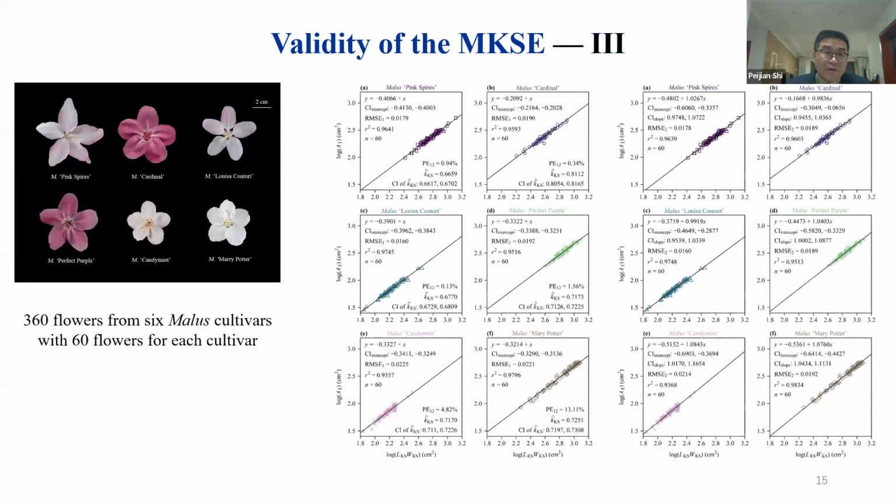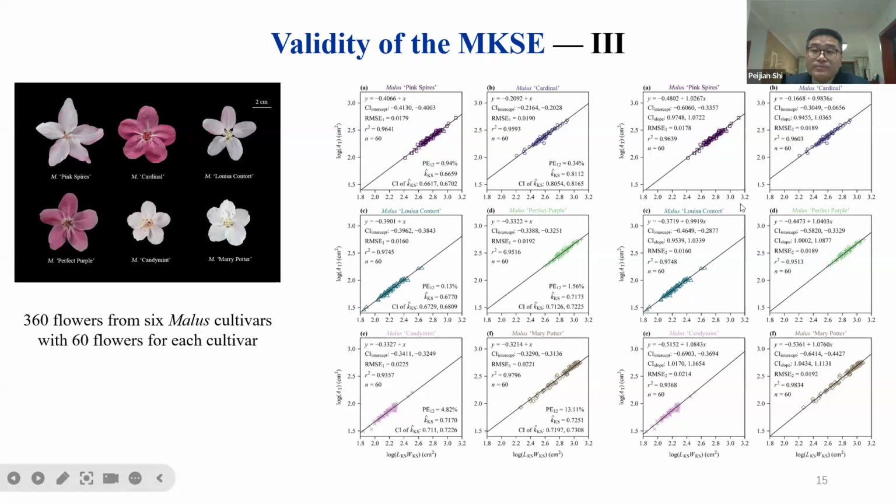However, when we sampled some crab apple cultivars, just like before, we calculated the total petal area, meaning corolla area, and the individual petal area. We use this equation in the middle panel, which shows the fitted results using the Montgomery-Koyama-Smith equation.